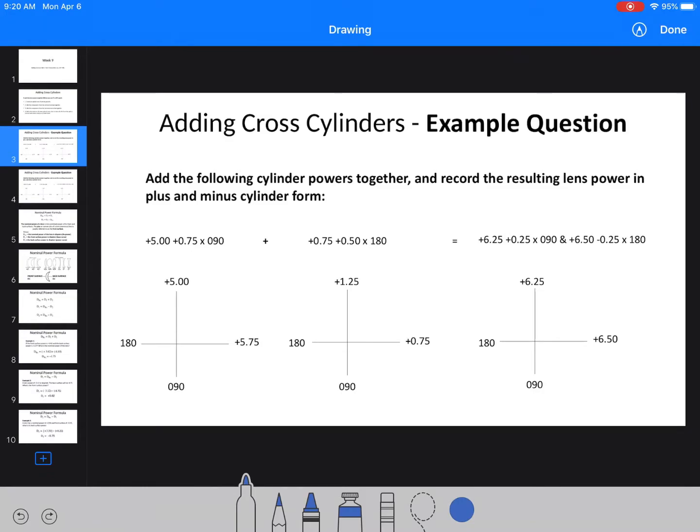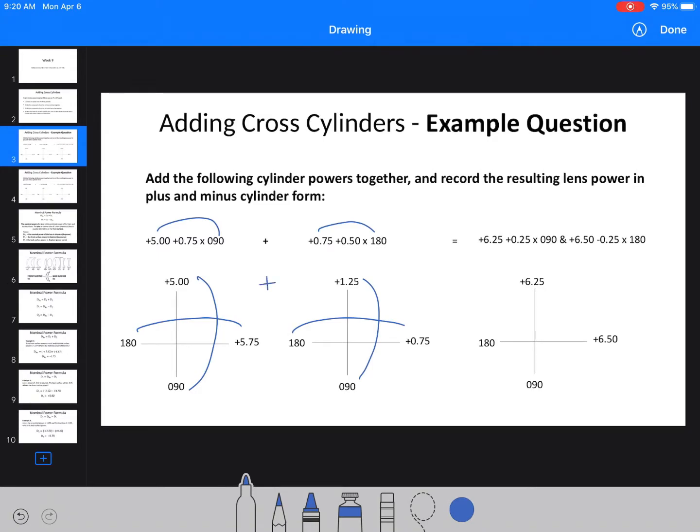You have a plus 5, plus 75, and a plus 75, plus 50 at 180. Put them on the optical cross. You see the plus 5 goes with the 90, and then we transpose and get 575 at 180. At 180 we have a plus 75, and at 90 we transpose and we get a 1 1/4 at 90.